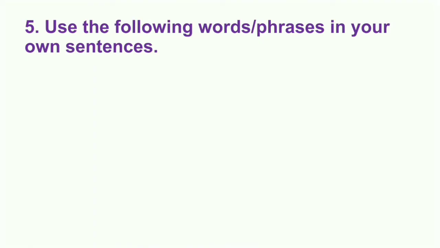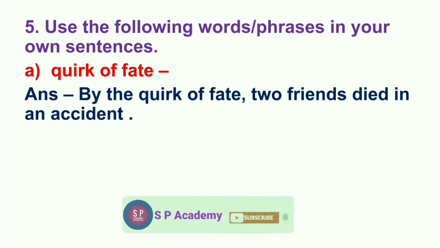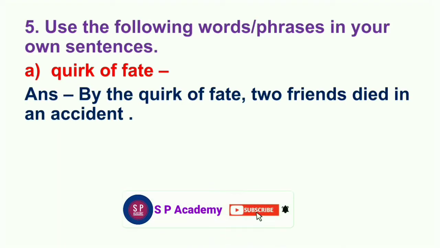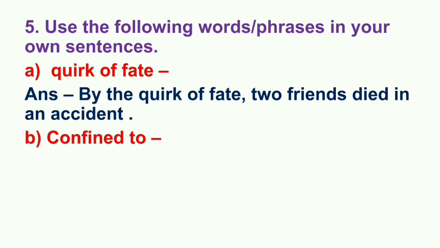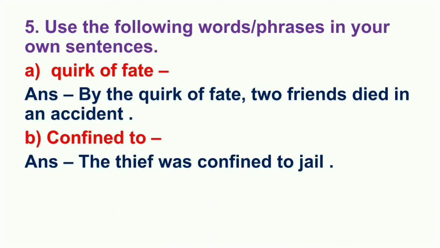Next question. Question number 5. Use the following words or phrases in your own sentences. A. Quirk of fate. Answer. By the quirk of fate, 2 friends died in an accident. B. Confined to.